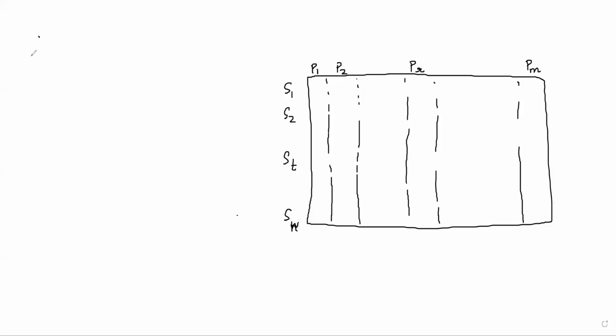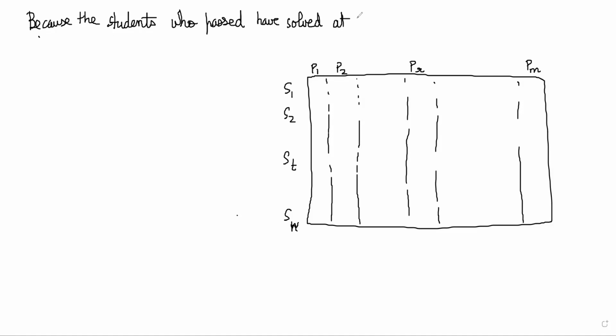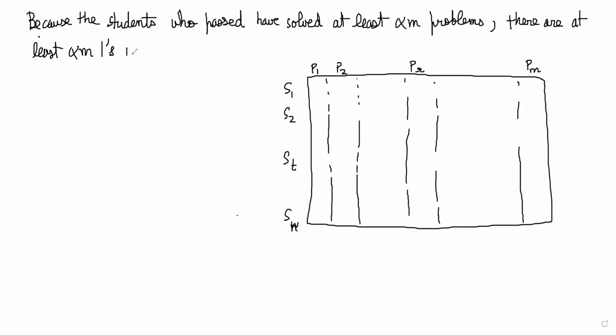Okay. So we'll say, because the students who passed have solved at least alpha m problems, there are at least alpha m ones in the first t rows.